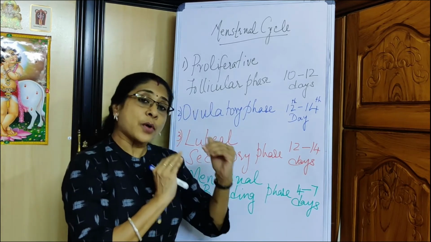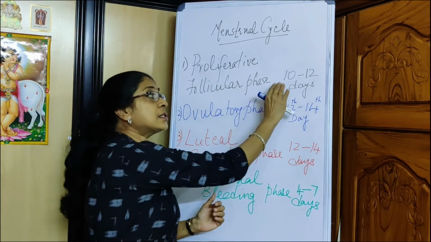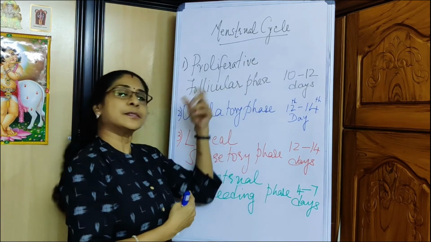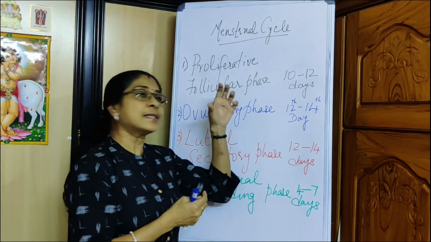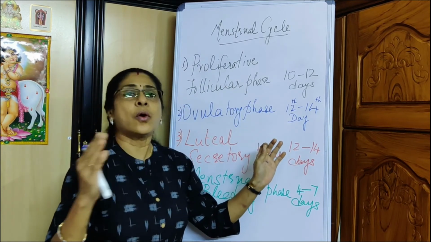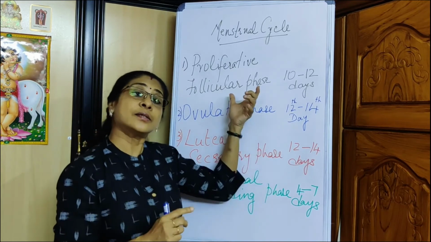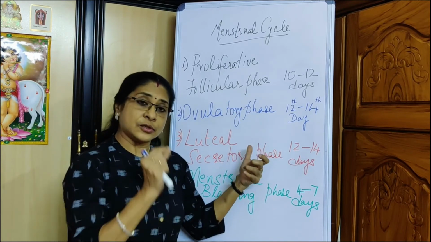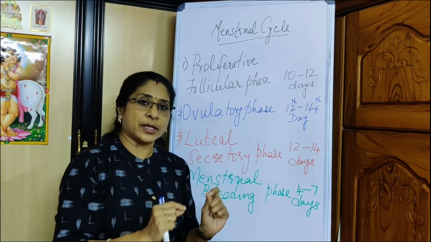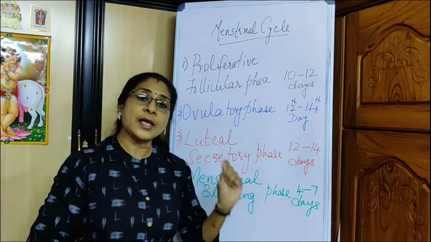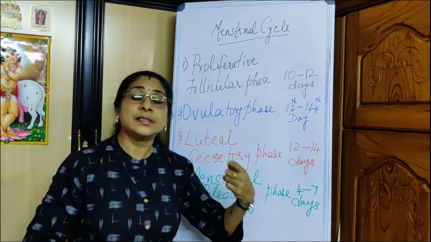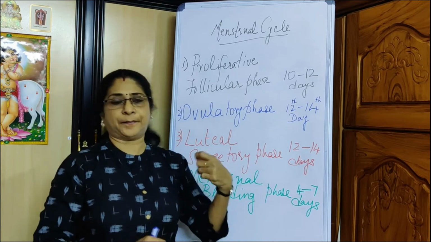Is that clear? So, the proliferative phase lasts for 10 to 12 days. Taking the previous example, in this particular case, it is lasting from 1st of October till say 10th or 12th of October. That is called a proliferative phase. So, the proliferative phase is the first phase, which is calculated from the first day when the female experiences the discharge of blood through the vagina.